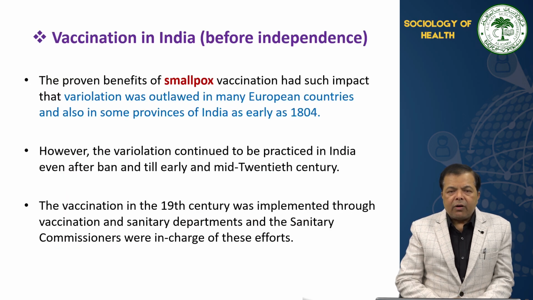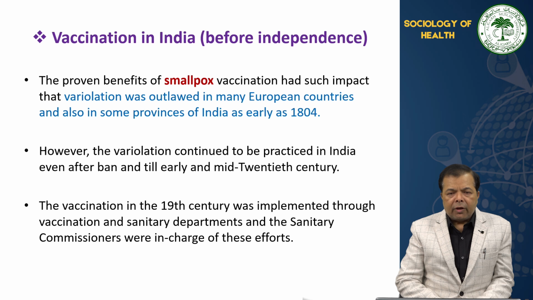The proven benefit of smallpox vaccination had such impact that variolation was outlawed in many European countries and also in some provinces of India as early as 1804.